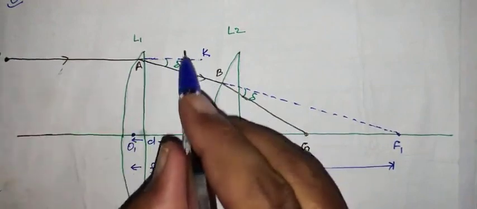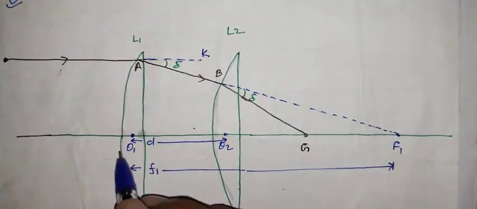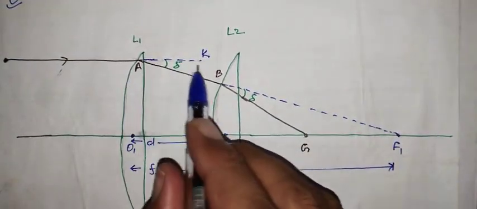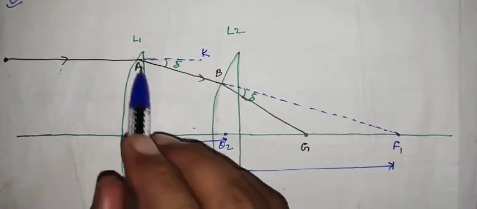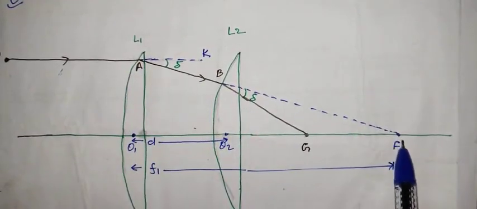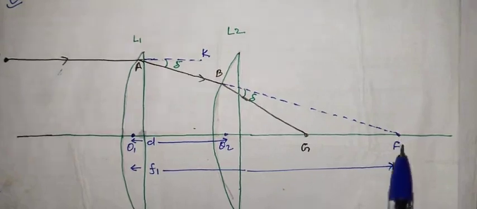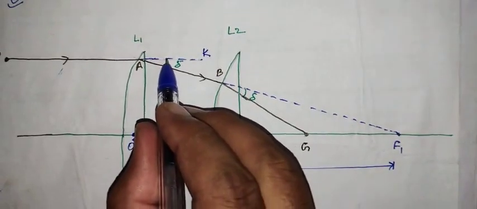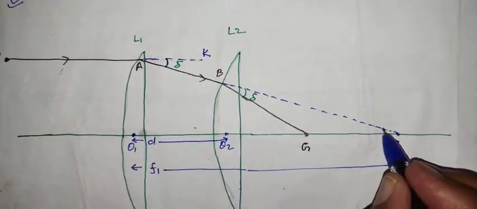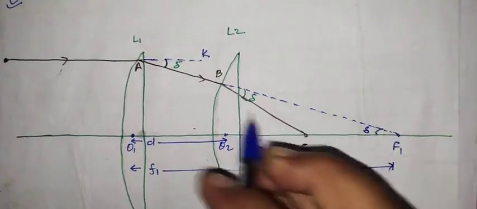So PK and this line, the principal axis, are both parallel lines, intersected by line AF1. In that condition, the alternate angles are equal.